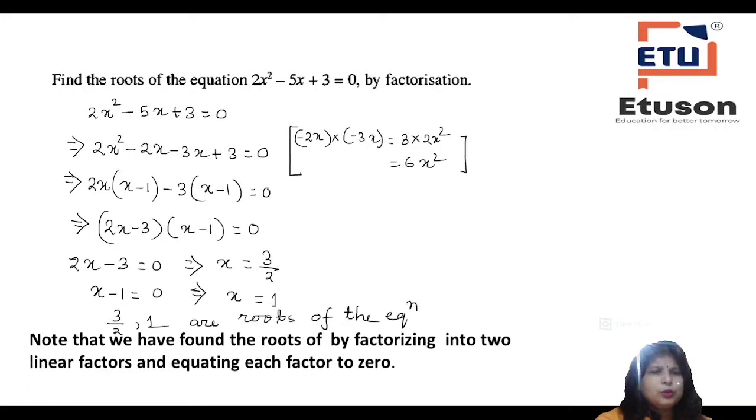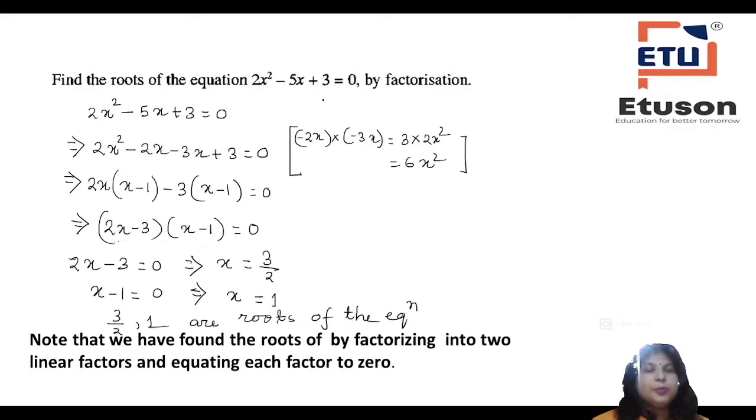Okay, so what we have done is, we have found out the roots by factorizing into two linear factors and then equating each factor to 0. Correct or not? Like I was telling, here you have found out that 2x minus 3 and x minus 1 are the factors of the quadratic equation.